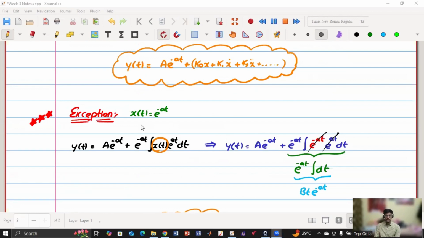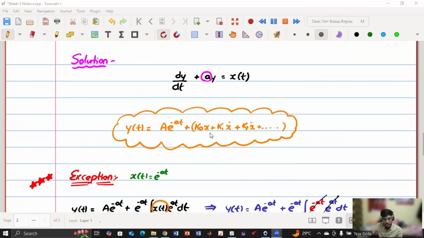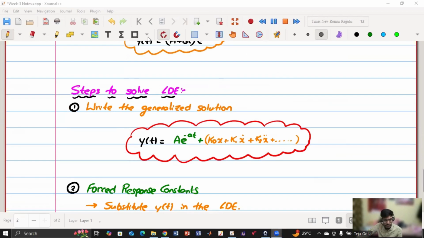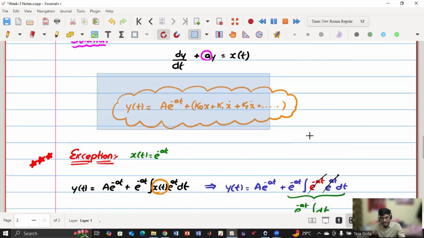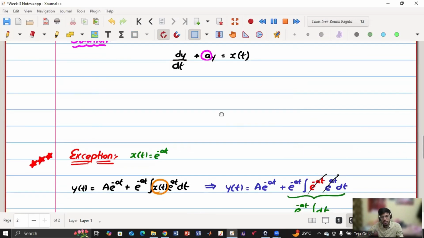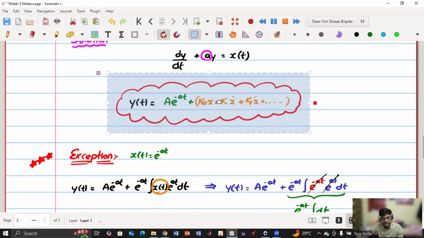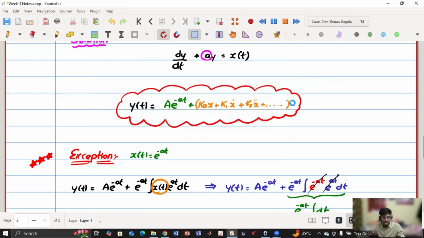Only when x of t is e to the power minus 80, the generalized expression that we have written might not be valid. That is the only case where you cannot use this generalized solution; in other cases you can use it. That's why I have considered that exception case.